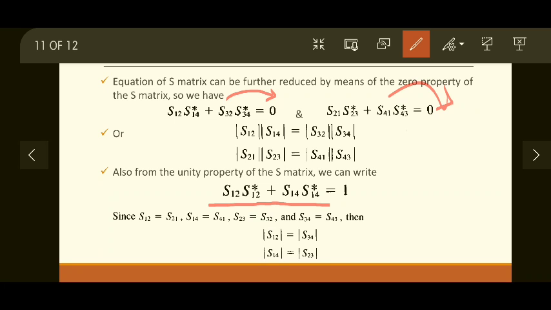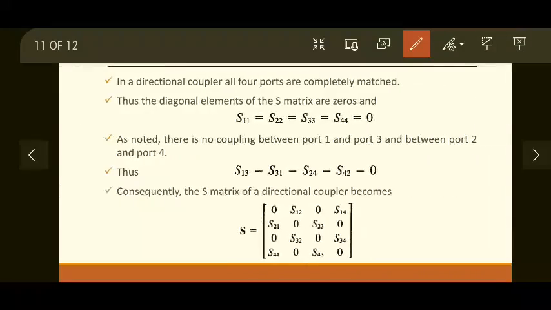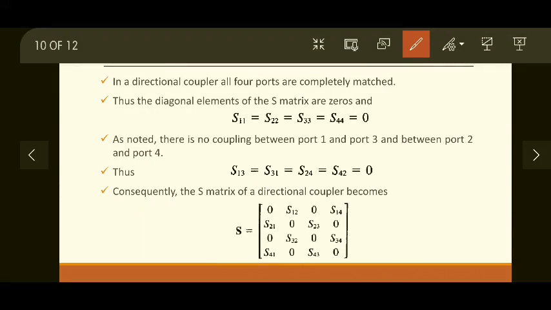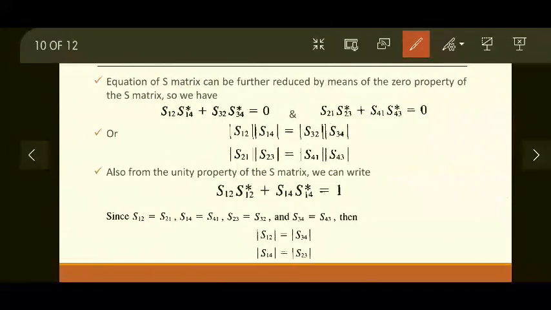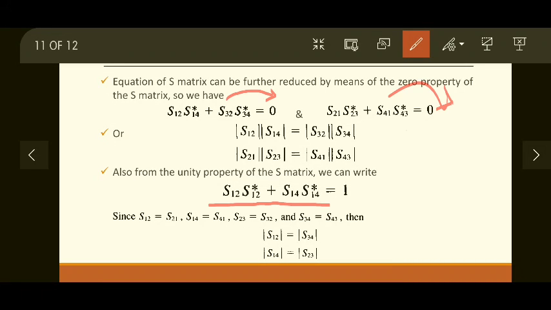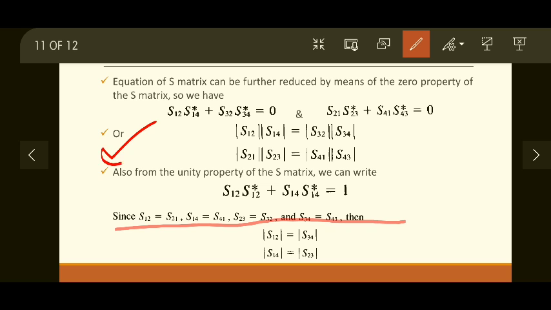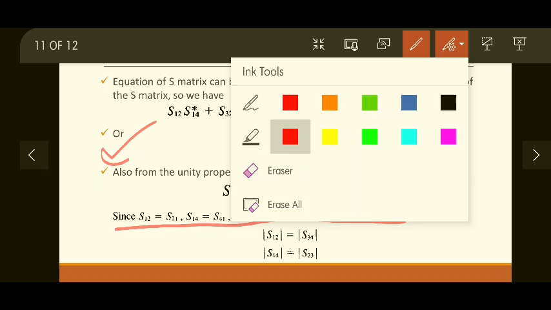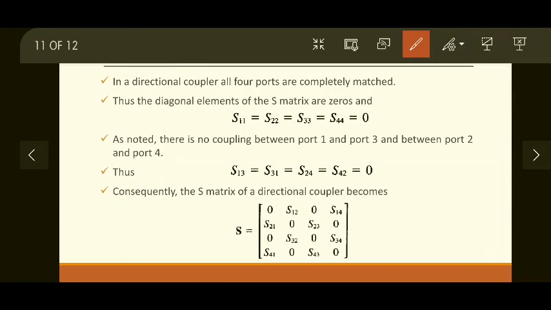But the symmetry property is also there. What does the symmetry property tell? S12 is equal to S21, S14 is equal to S41, and S23 is equal to S32. That is, they are symmetrical about the diagonal of the matrix.